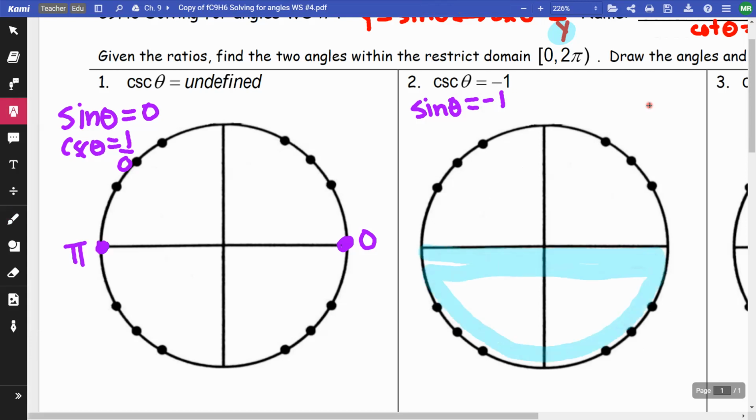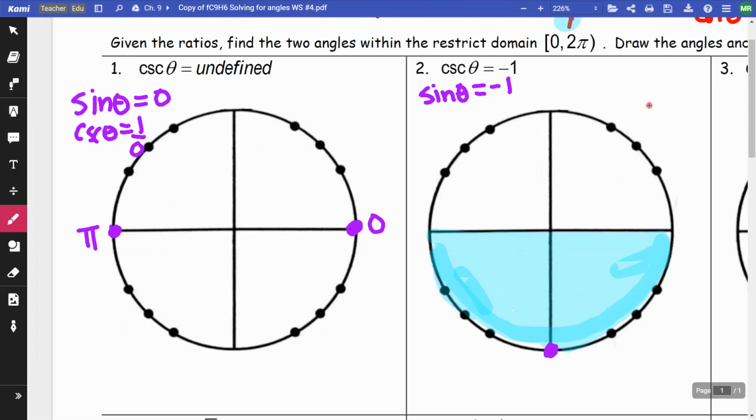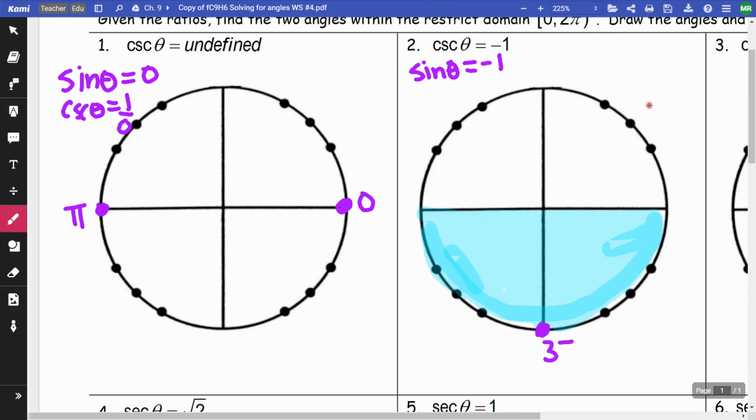So I would be down here is where I'm going to be looking, so I'll be down here in this quadrant. So when we're trying to find our sine being a -1, that's going to occur down here at 0, -1, which is at 3 pi halves. So we have one answer for that, 3 pi halves.